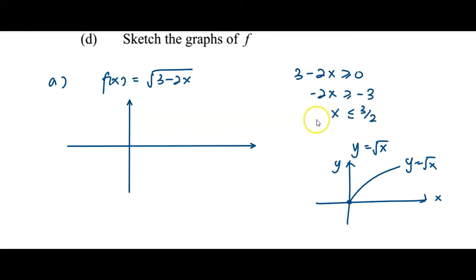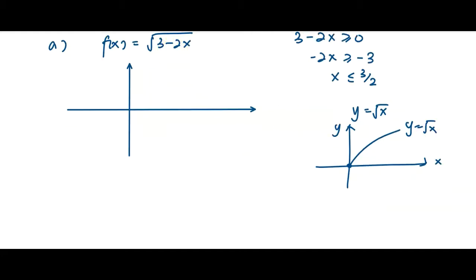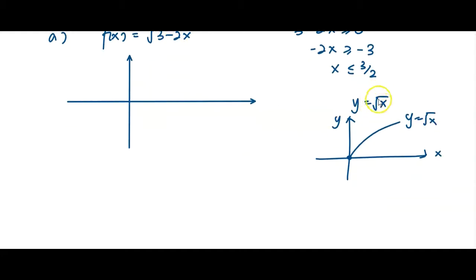And you can see that the coefficient of x has now become negative. For our basic graph, the coefficient of x is 1, positive. But here I got negative. Since you have the square root of negative x, the graph is like this. It's as if it is reflected about the y-axis.